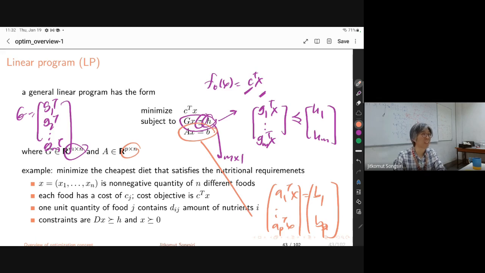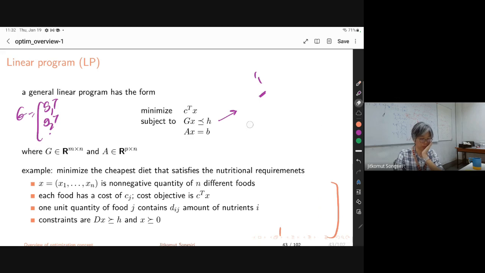Manosha, how many inequality constraints? M. How many equality constraints? P. Okay. So the whole idea of linear program is to minimize a linear objective with the linear constraints.